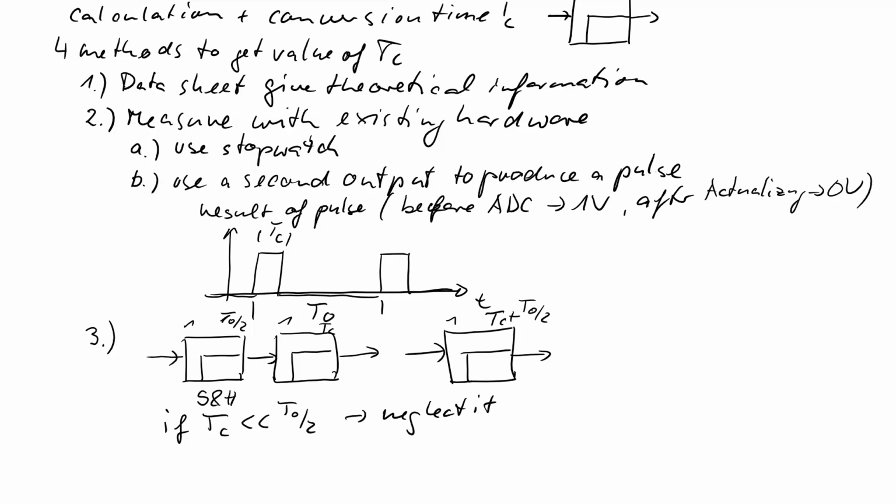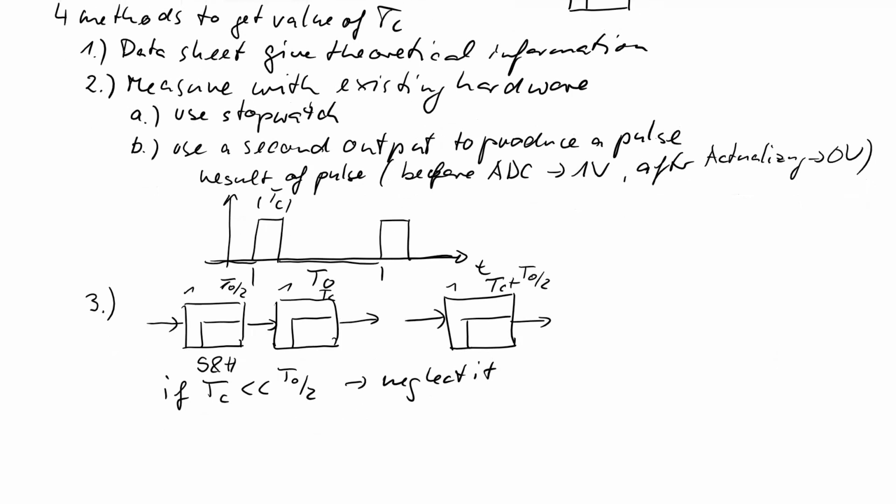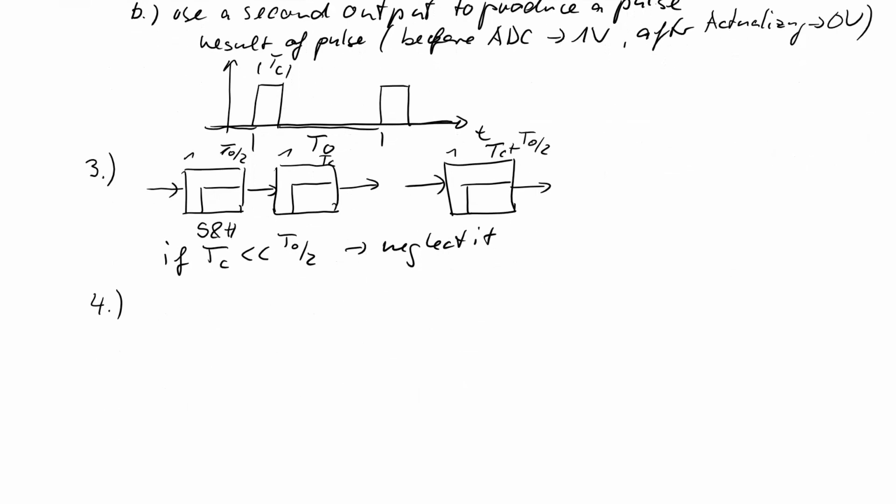If the ratio between both is very large, then you can neglect it, because then the delay time of the sample and hold block is dominating and influences your control loop, and your sampling time is known, and then you can of course very well calculate, design your loop. And there is a fourth method where you do the following.